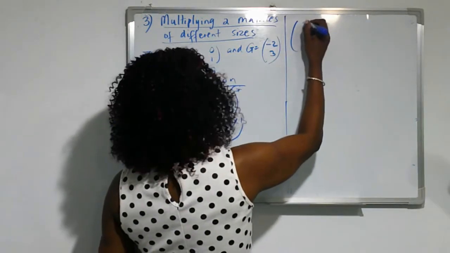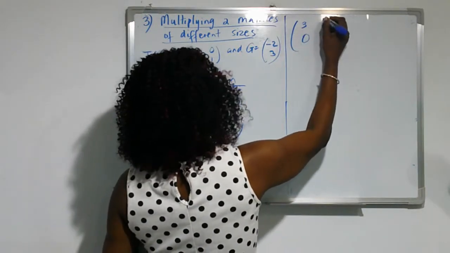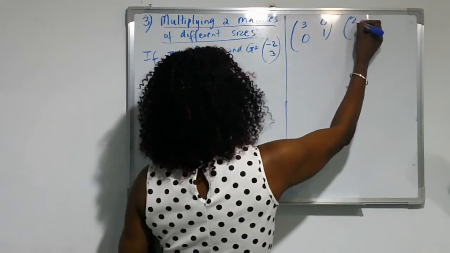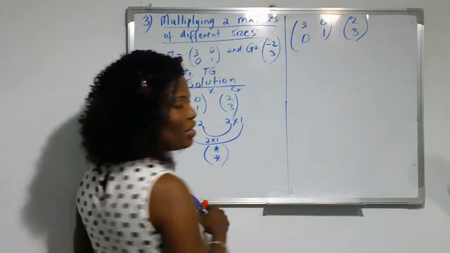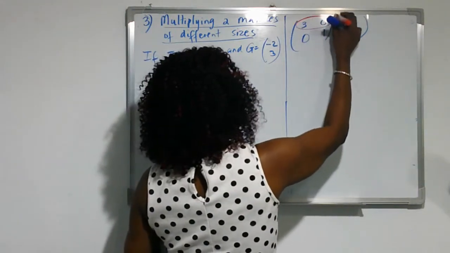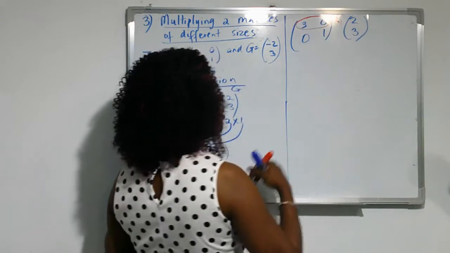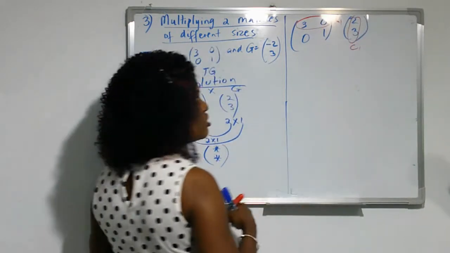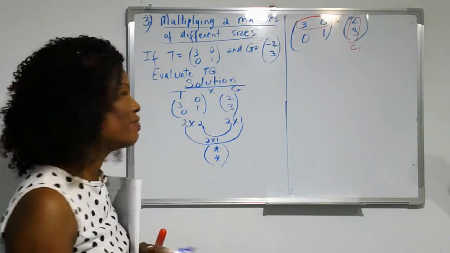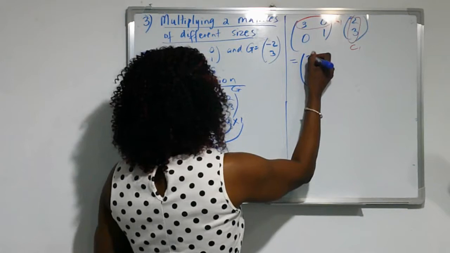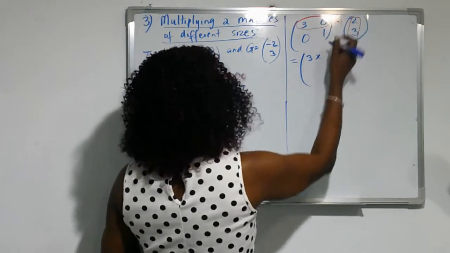Same principle. We're multiplying the rows in the first matrix by the column in the second matrix. So this is row 1, and we're multiplying it by the column in the second matrix. There's only one column to contend with. So let's go. 3 times 2.